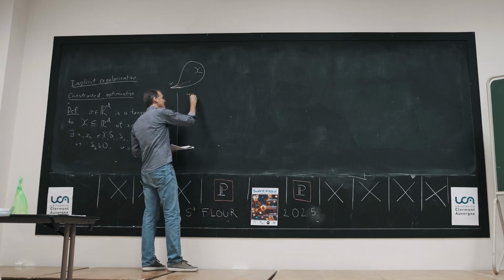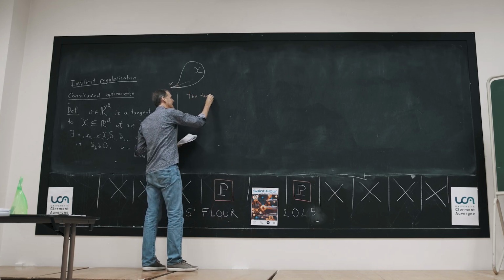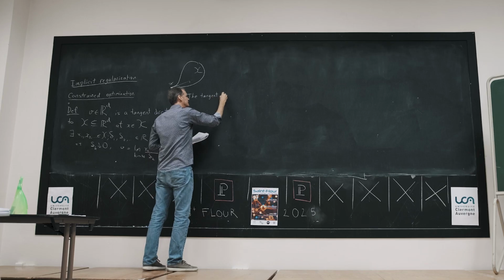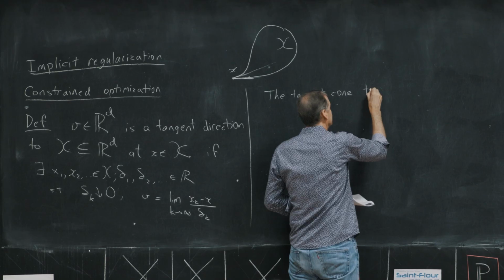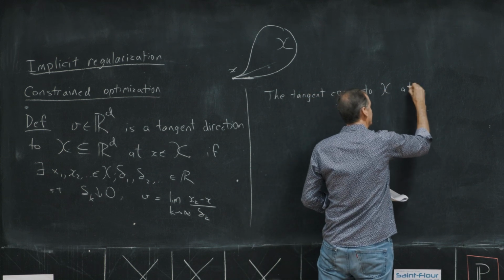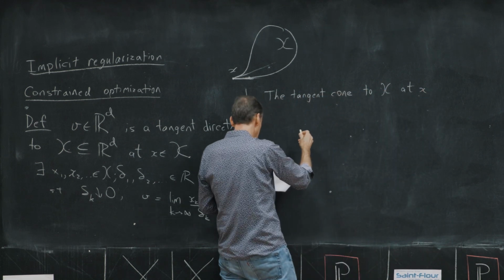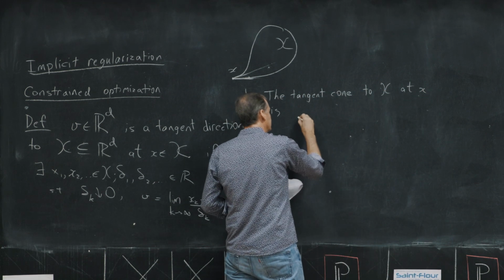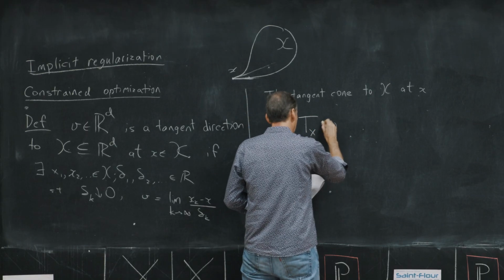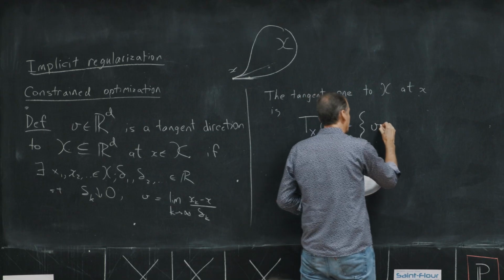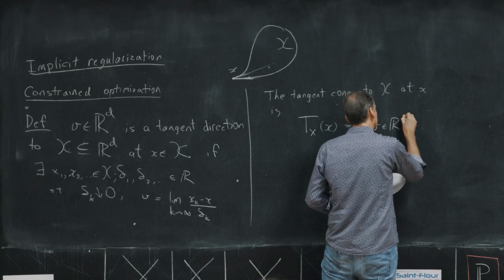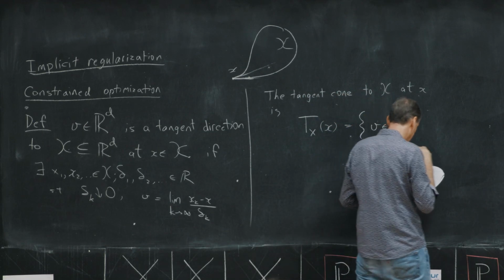The tangent cone T_X(x) at little x is the set of these tangent directions.